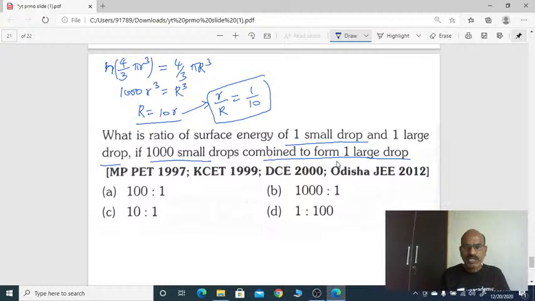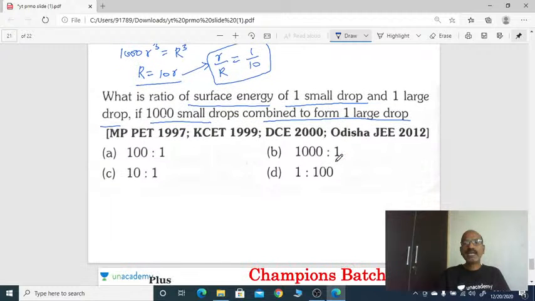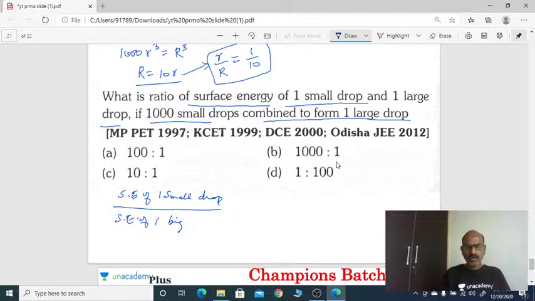The question is the ratio of surface energy of one small drop to one big drop. What is the surface energy of one small drop by surface energy of one big drop? We know the surface energy of a small drop is surface tension into change in area, 4 pi r square, for the smaller drop r.